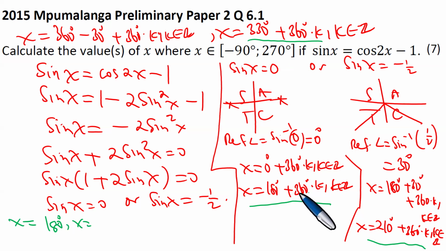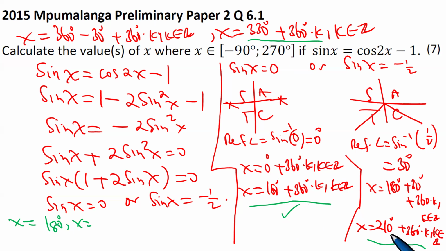Can we add anything? If k equals minus 1, it is minus 360 plus 180, which is minus 180. It's also outside. So what values of k can you take here? It's only 0. That gives 180, which is between there. The rest would actually be outside. So yeah, we're done with this one.